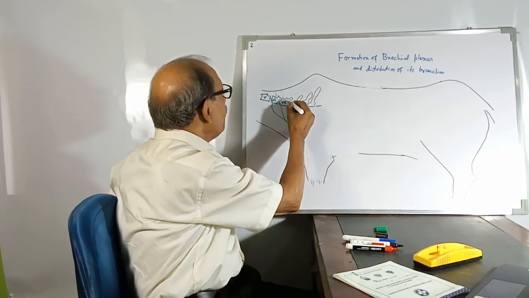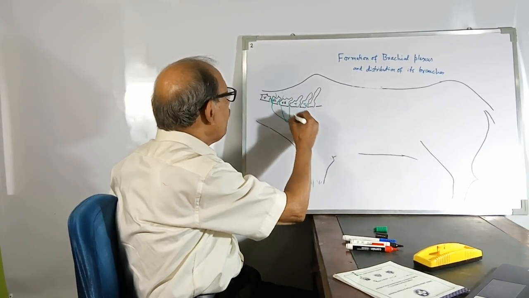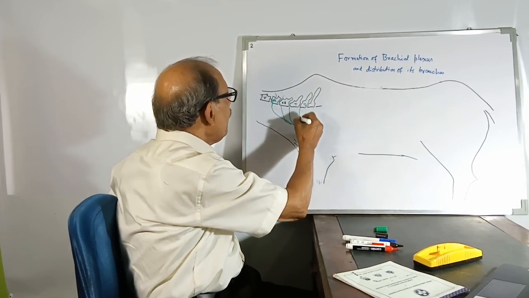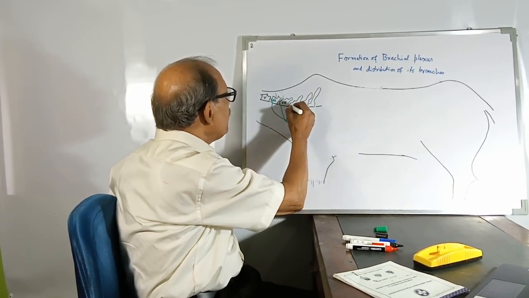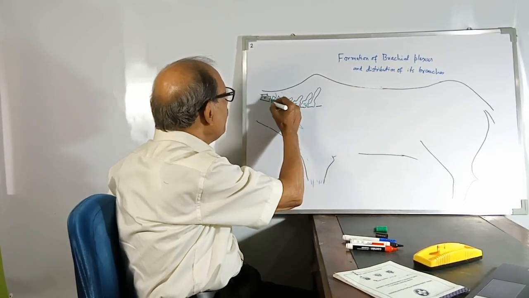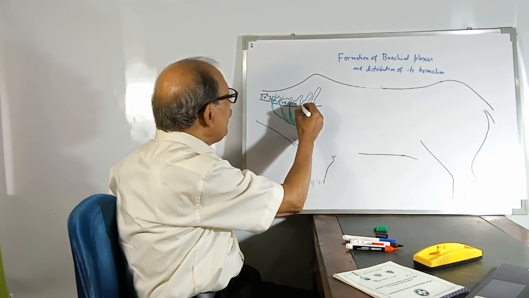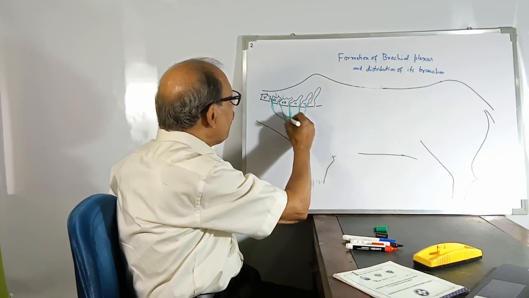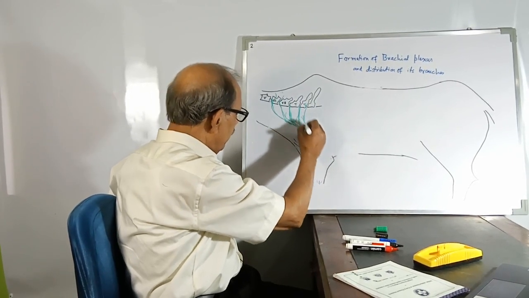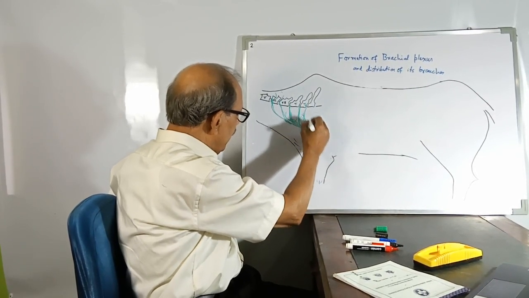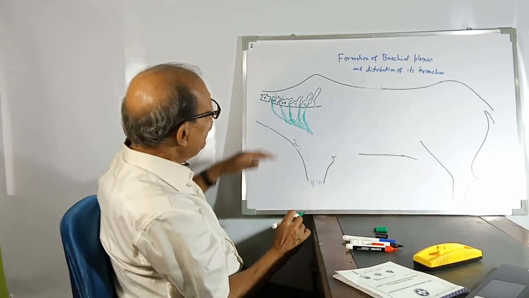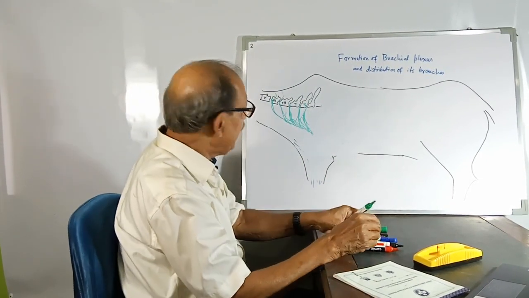So these nerve trunks are coming and joining together and forming a meshwork of nerves. You know, there is a scapula over here.